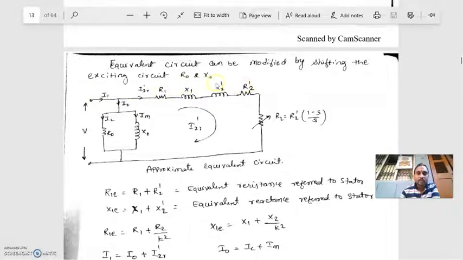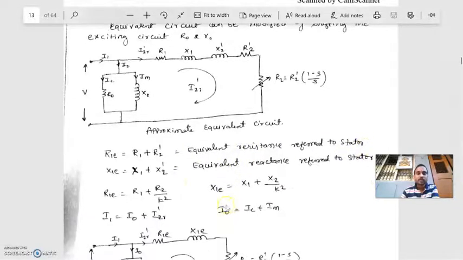Adding R1 and R2 dash becomes R1E, and similarly adding X1 and X2 dash becomes X1E. These are the equivalent resistance referred to the stator, and X1E is called the equivalent reactance referred to the stator side.